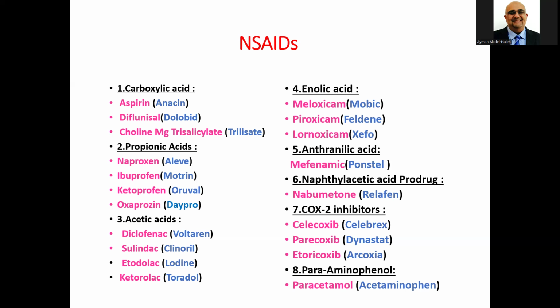We have the carboxylic acid group such as aspirin, propionic such as naproxen, acetic acids like diclofenac, sulindac, etodolac, enolic acid such as meloxicam, piroxicam, lornoxicam, anthranilic acid like mefenamic acid, also naphthyl acetic acid prodrug such as nabumetone, relafen.